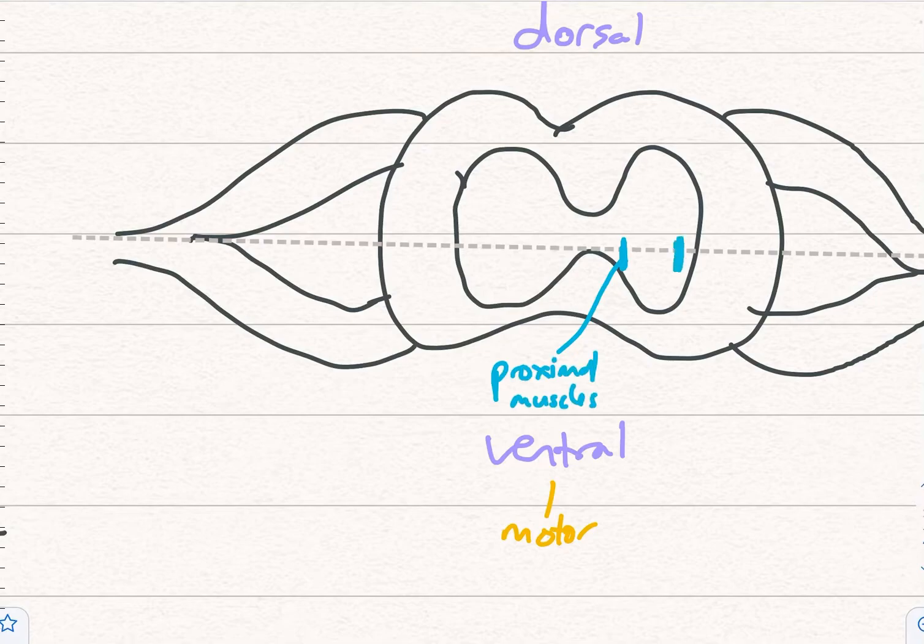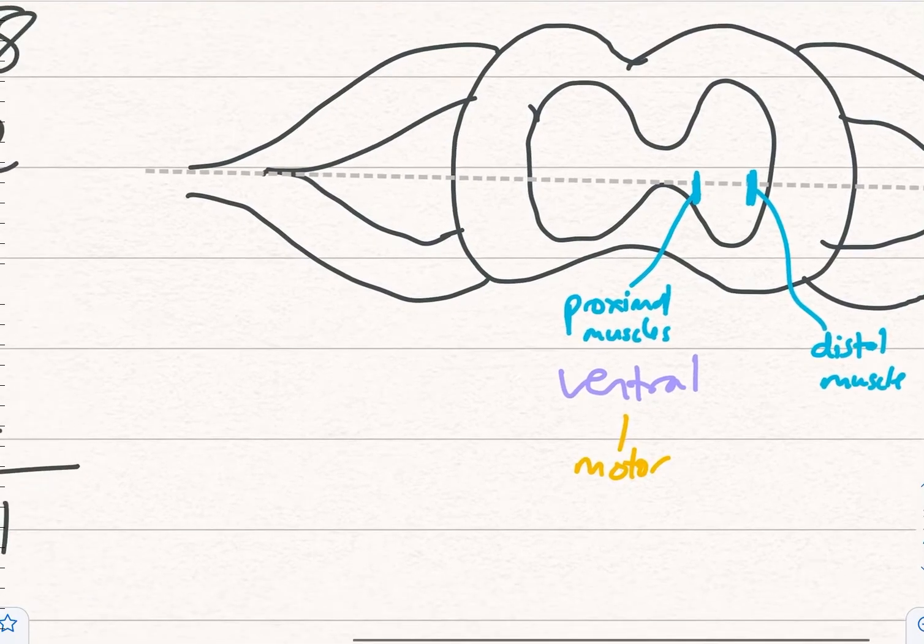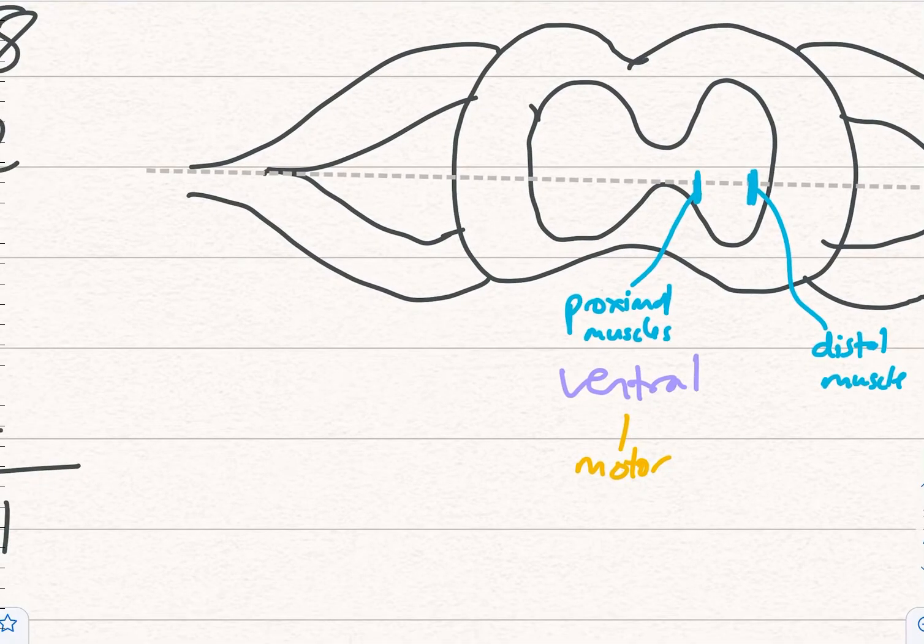And then if you go a bit more lateral, you have distal muscles. So this is, for example, your arms and stuff versus your trunk. So proximal in the trunk, and then limbs and stuff like that in the distal muscles. Which makes sense, right? Because distal muscles are further away, more lateral in the spinal cord, versus proximal muscles, which are slightly more medial. Then you also have flexor muscles and extensor muscles.